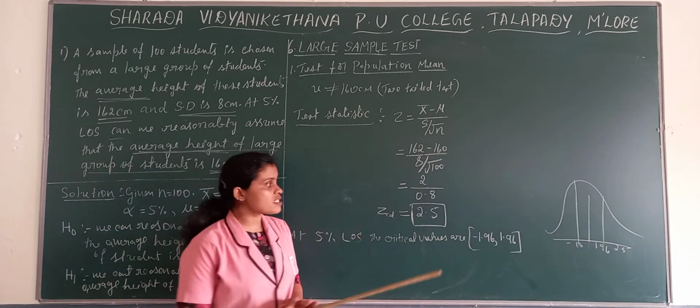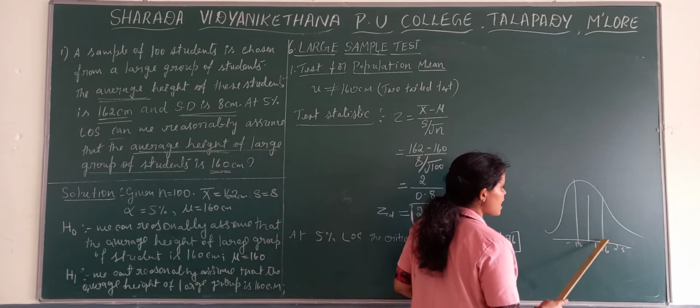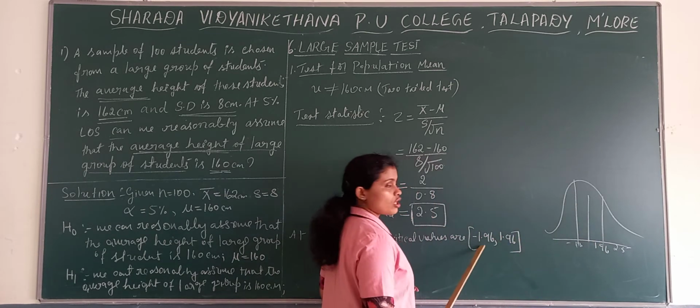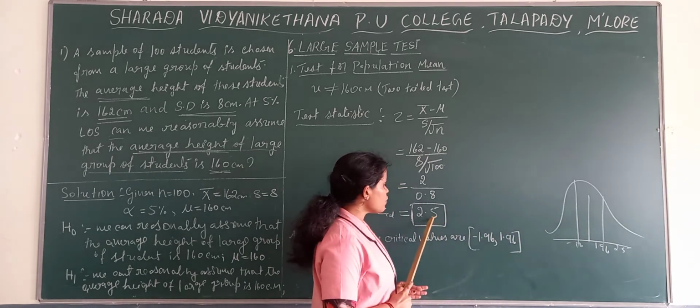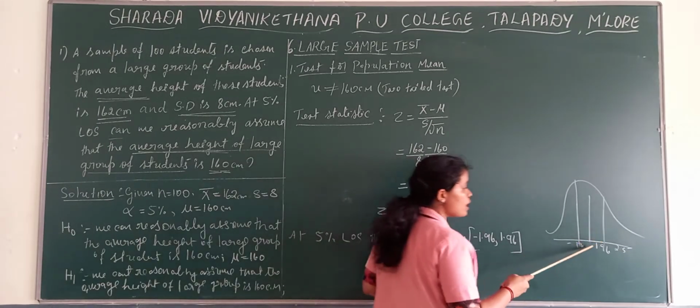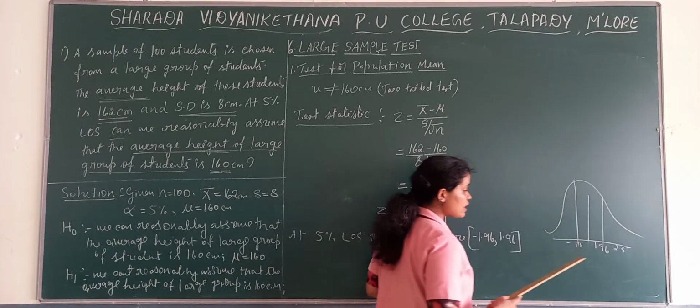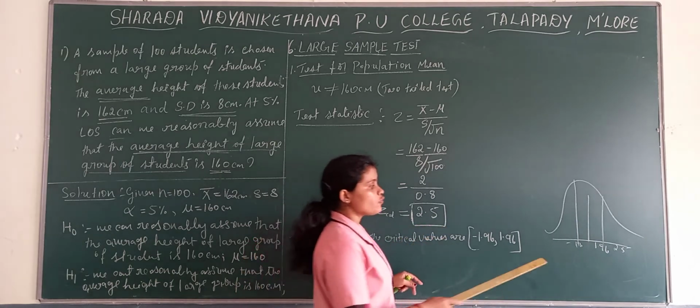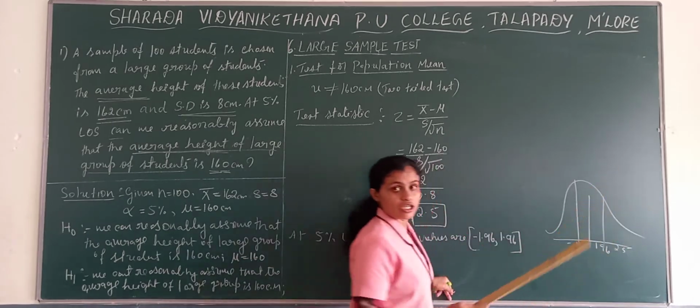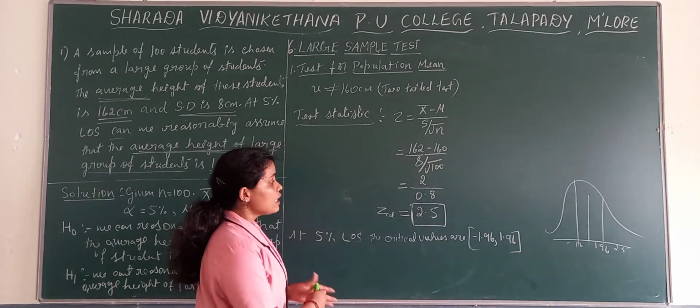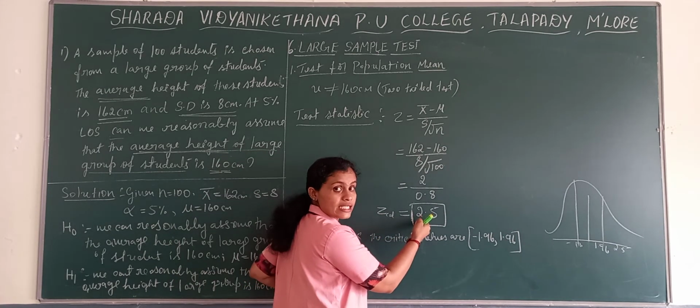What is our acceptance region here? These two are the acceptance region. Whatever value we get should fall within this acceptance region. But 2.5 falls beyond the acceptance region, so it doesn't fall in the acceptance region.